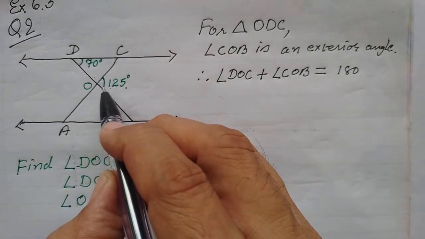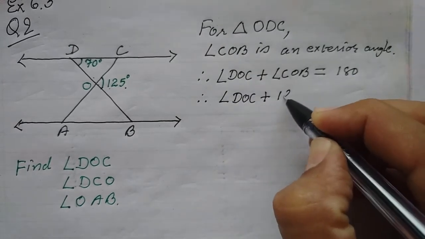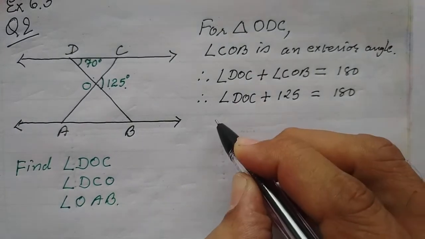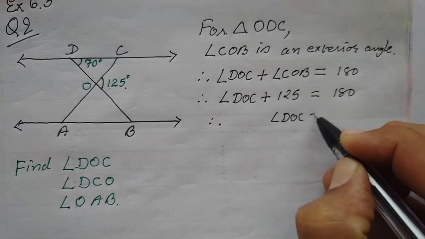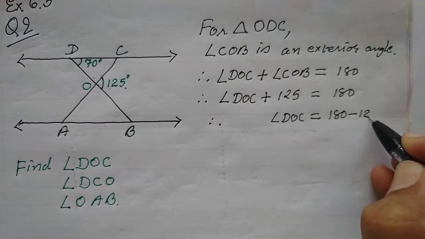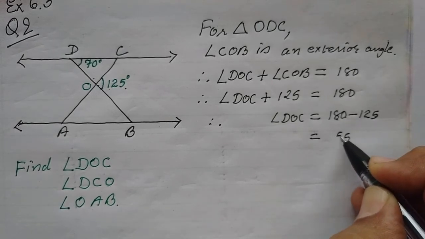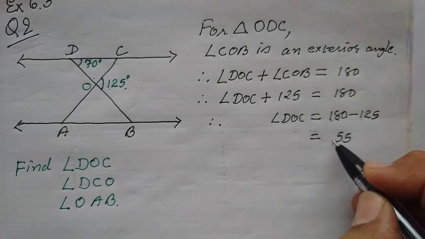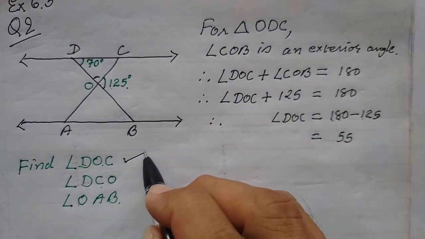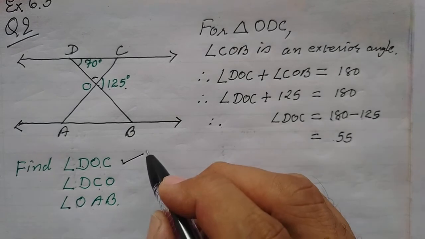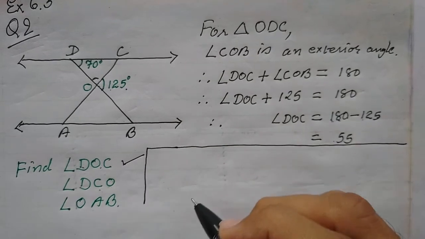They form a linear pair, children, and therefore angle DOC plus this 125 is 180. Therefore angle DOC is 180 minus 125, which is 55. So this angle DOC, children, we found. First answer we found, that is 55 children. Okay, very easy children.